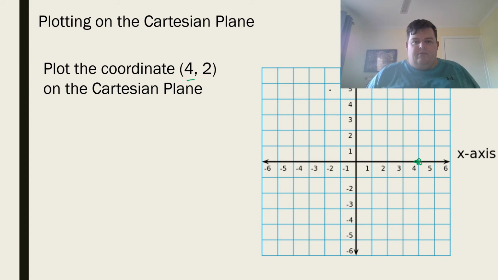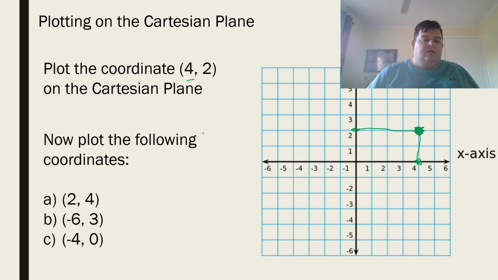And the point where y is equal to 2, which is here. And all I'm doing is identifying the spot that lines up with both of those. And because it lines up with both of these points, I know that's my coordinate. Okay. I'll give you the opportunity now to pause the video and you can have a shot at plotting those coordinates on there.